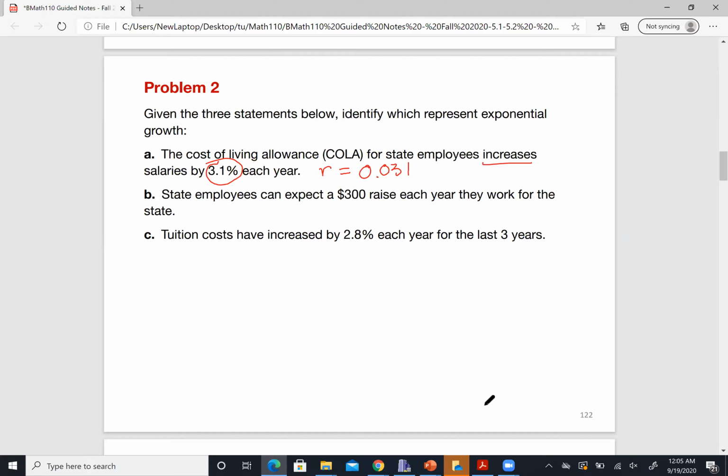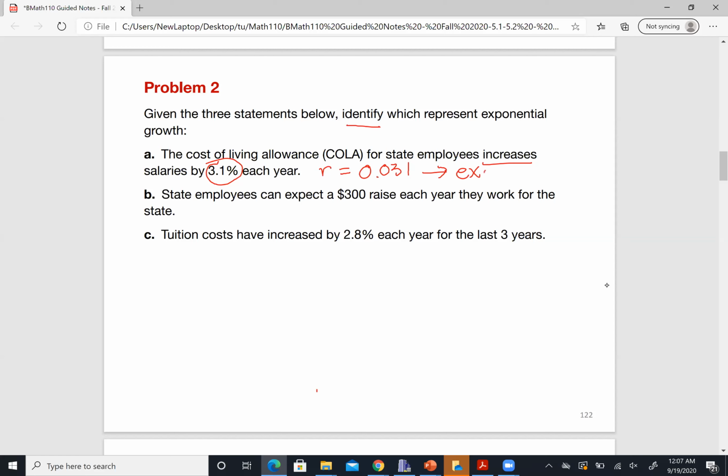And also in here we had to identify which represent the exponential growth. So I'm going to say it is exponential because it talks about the rate in here.